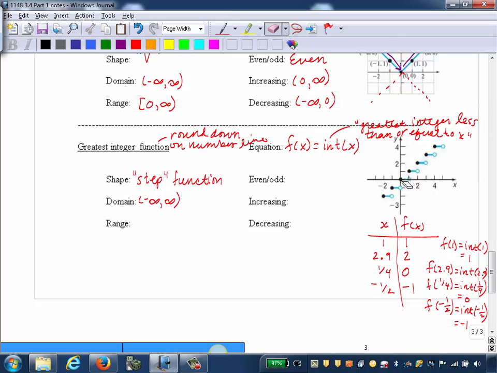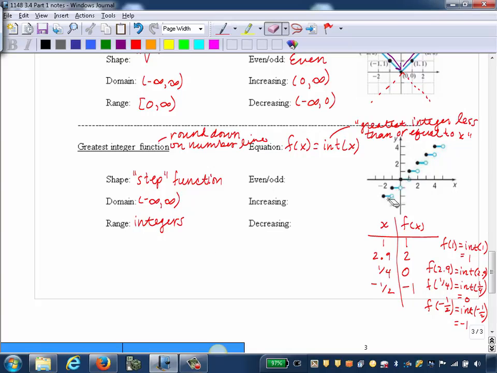All the y values in this step are 0. All the y values here are 1. So it's basically skipping anything between the integers. So your range is going to be just the integers, so no decimal y values. And that's because what this function does is it essentially rounds any decimals or fractions down.